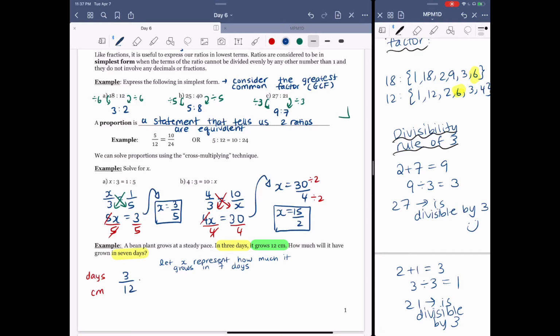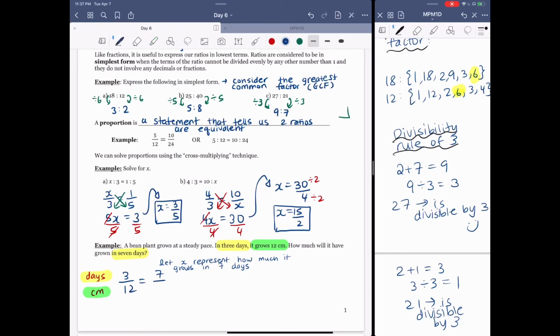So 3 over 12 is going to equal, well, we're talking about a bean plant that's growing at a steady pace. So it's going to go in a consistent manner, right? And so for 7 days, where is the 7 going to go? Is it going to go to the numerator or the denominator? Well, it will need to go to the numerator because my units have to line up.